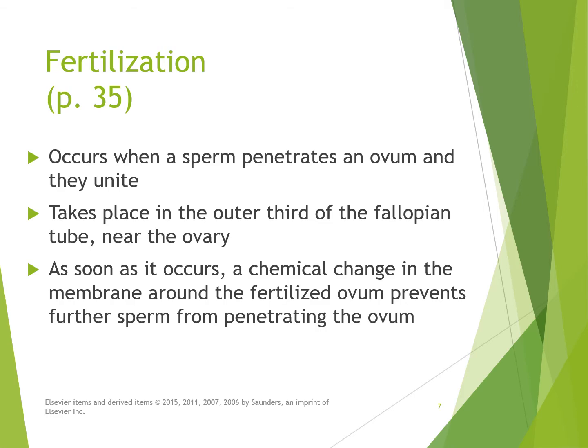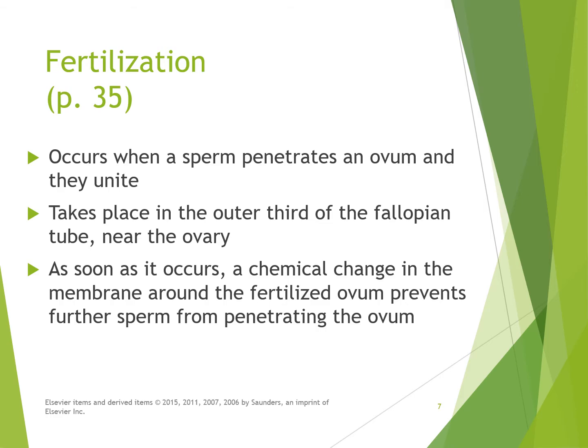As soon as it occurs, a chemical change in the membrane around the fertilized ovum prevents further sperm from penetrating the ovum. How many sperm are released in one ejaculation? A lot. Can you imagine being pregnant with that many? There had to be a system to stop more sperm from getting through, right?